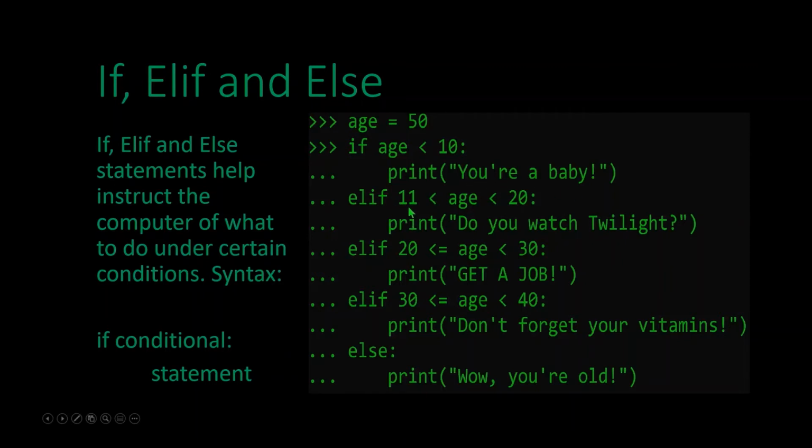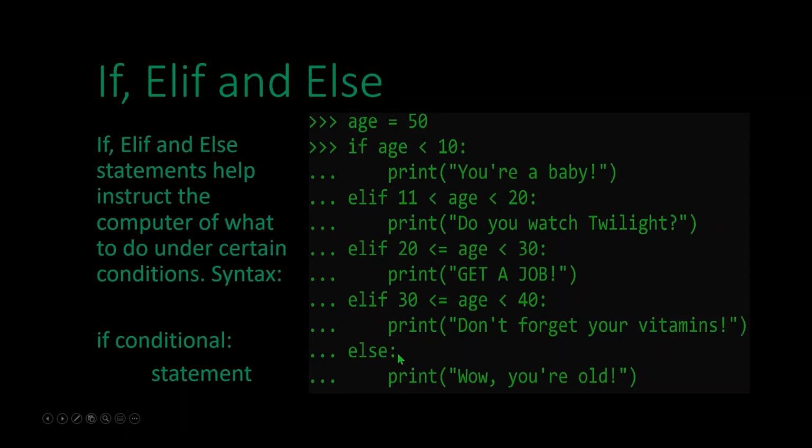And then we have elif, age is greater than 11 and less than 20, print do you watch Twilight? And then we have if age is greater than or equal to 20 and less than 30, we can print get a job. If age is greater than or equal to 30 and less than 40, print don't forget your vitamins, because you're getting a little bit up there in the age meter.